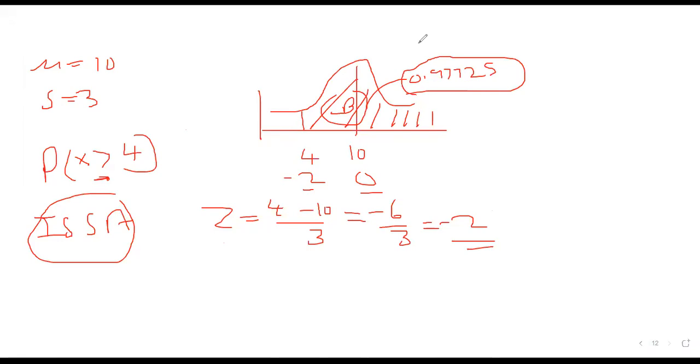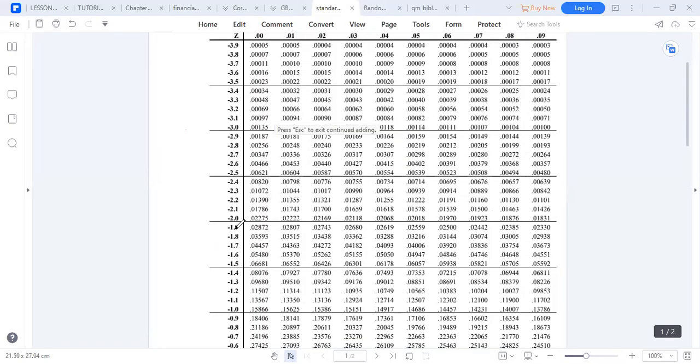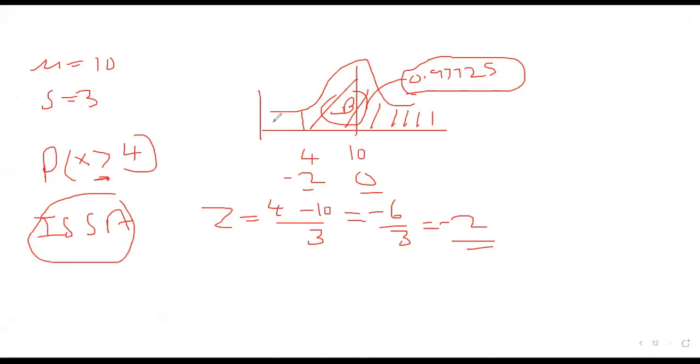If you check under -2, it gives you 0.0275. That reading simply means that it is taking the reading from here to here. Still okay? But what you need to do in this case, since the area we're looking for is big, we subtract: 1 minus that, it will still give you this answer. It's still the same. Are we together?